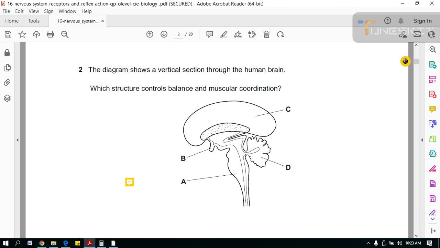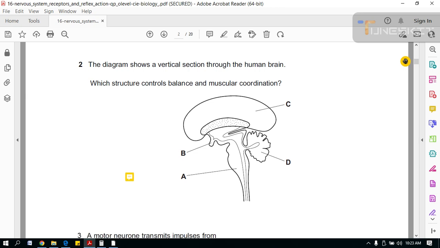So this is your first question. The second question is, the diagram shows a vertical section of the human brain, which structure controls balance and muscular coordination? So here again you have to first categorize what the different parts present here are. For example, option A is the part of the brain that is the medulla oblongata.